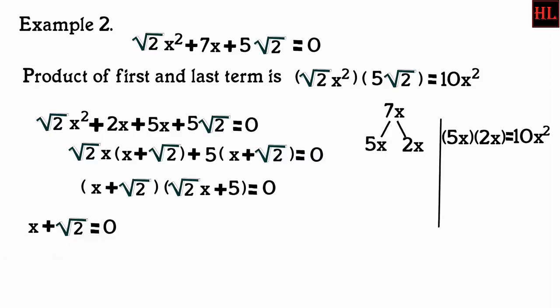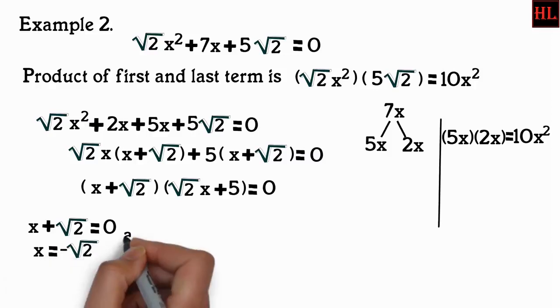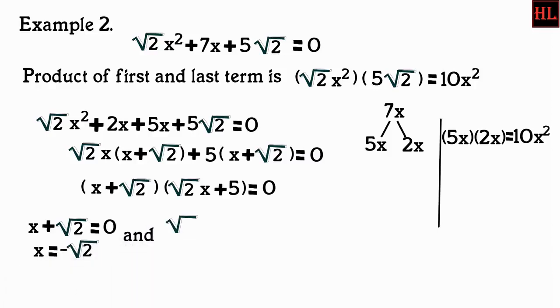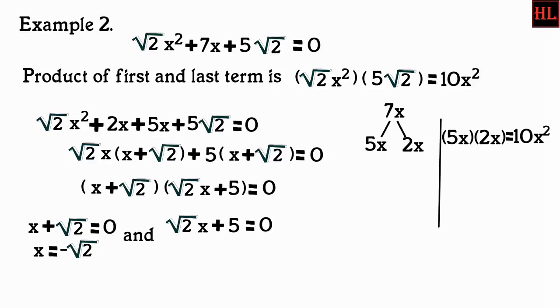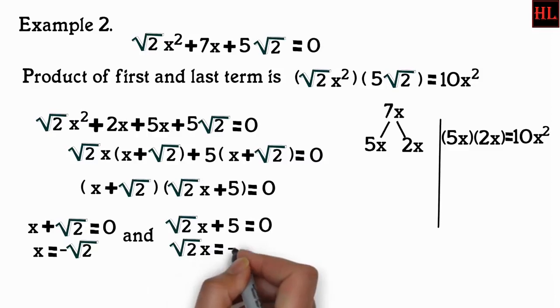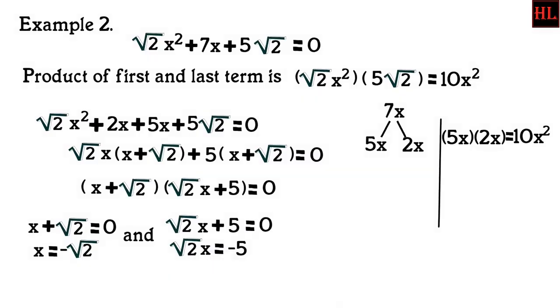When we'll take root 2 on the RHS, it will become x is equal to minus root 2, and we have root 2x plus 5 equal to 0. So we'll take plus 5 on the RHS, so we'll have root 2x equal to minus 5. Now we need to take the root 2 on the right hand side.